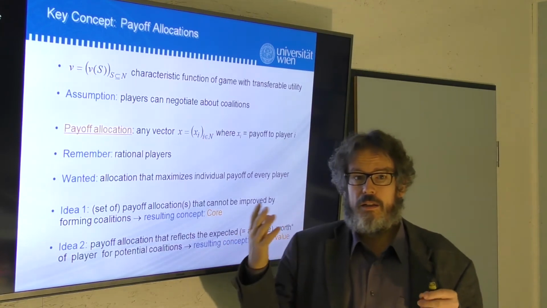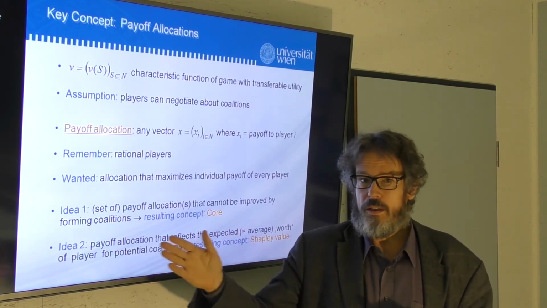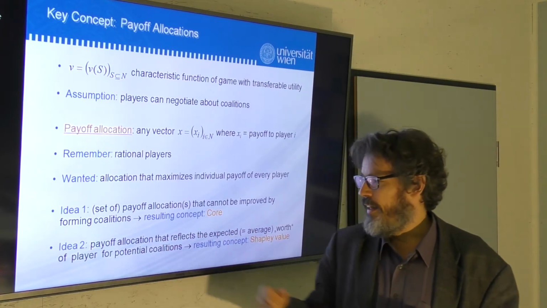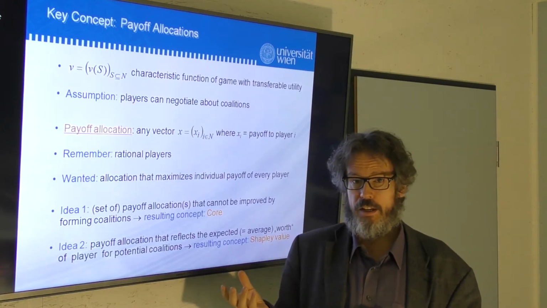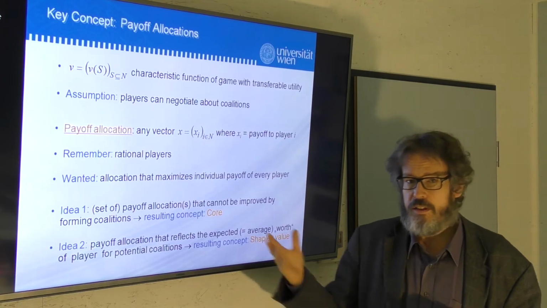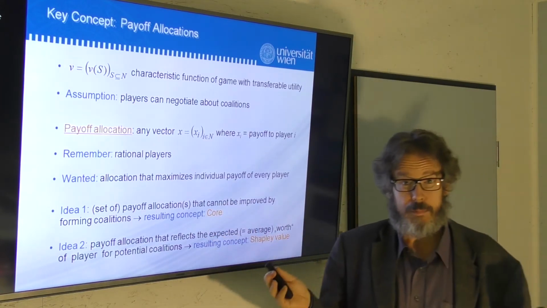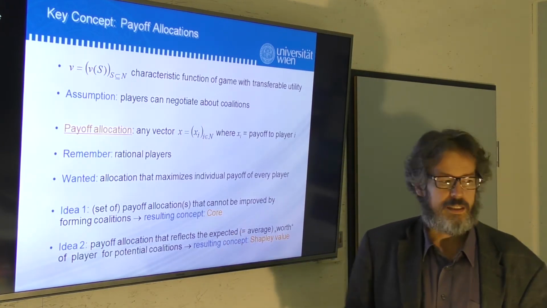So we have to find the average value of a player with respect to different coalitions the player can join. And this will give us a unique value, the so-called Shapley value, as a result. And this is just another way to address this problem. So we will follow these two approaches. There are a couple of more specific approaches. These are the most important ones.